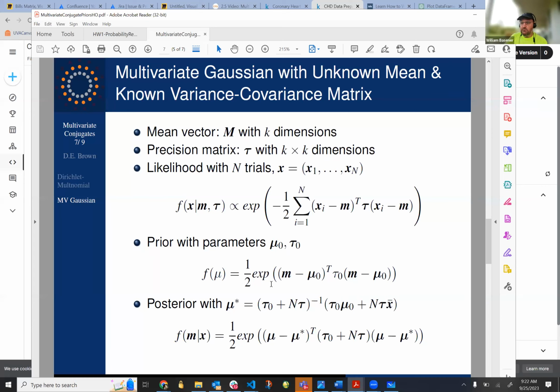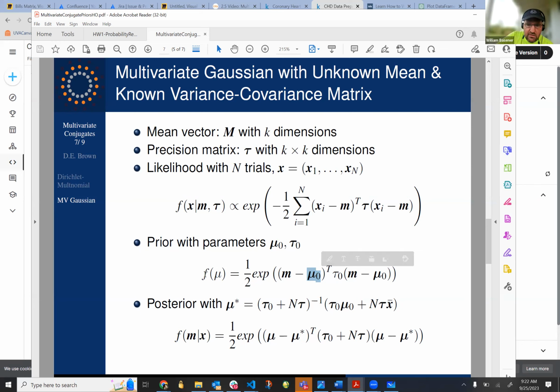Okay, I'll tell you what I see on this slide. I haven't watched the video in a while, and sometimes these notations are a bit much to sort through. This tau naught is the inverse of the covariance matrix, or the precision matrix for your prior. This is the mu naught for your prior.